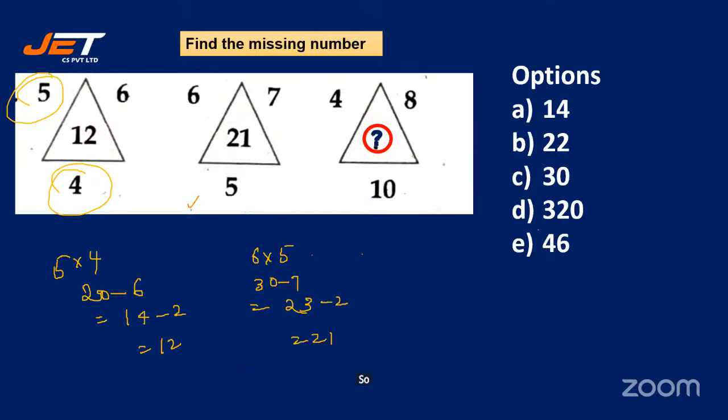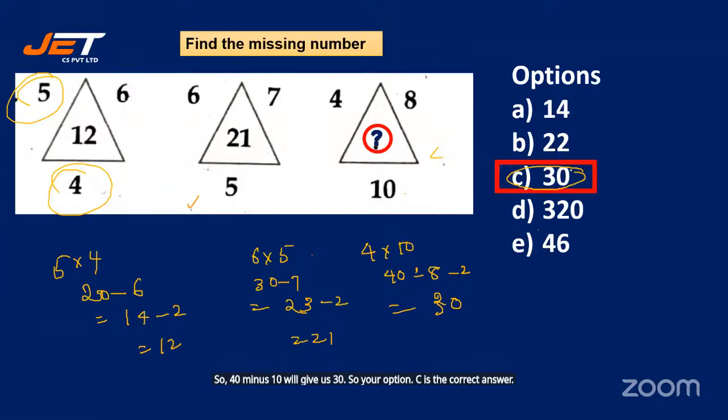Now the very same strategy you can follow. 4 into 10, 40 minus 10 will give us 30. One more minus 2 has to be done, isn't it? So your option C is the correct answer. All right? Yes, correct. Perfect.